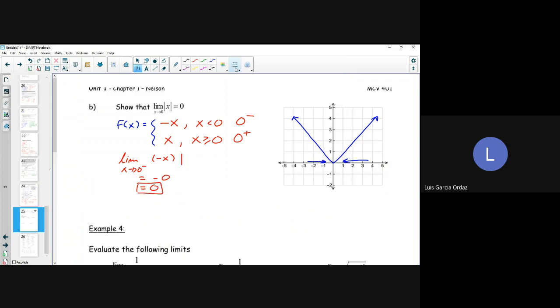And then we can find the limit as x approaches 0 from the right of x, which is just equal to 0. So because of our limit property, if the limits from the right and from the left are equal, that means that the limit of the absolute value of x as x approaches 0 does exist.